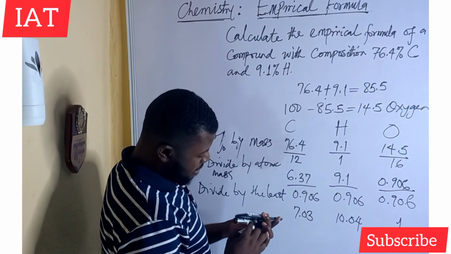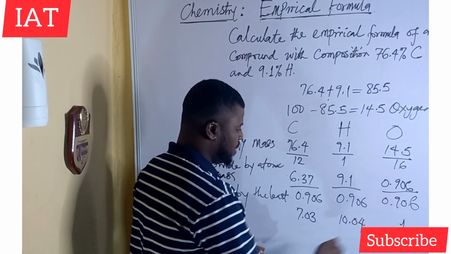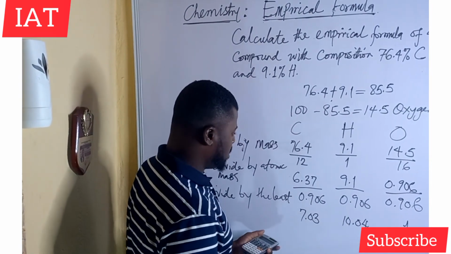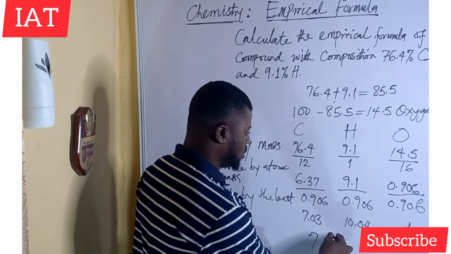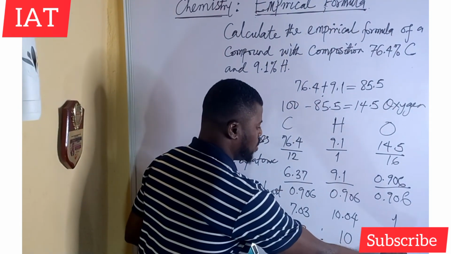So the values we have, we can approximate the whole of this. This approximately will be 7, the approximate value of this is 10, and this is just 1.